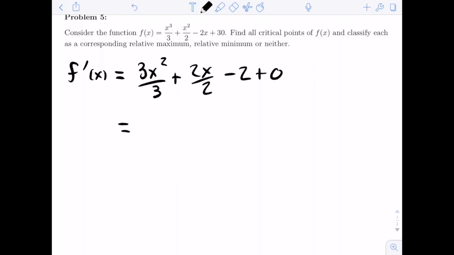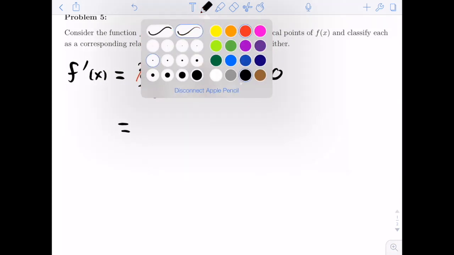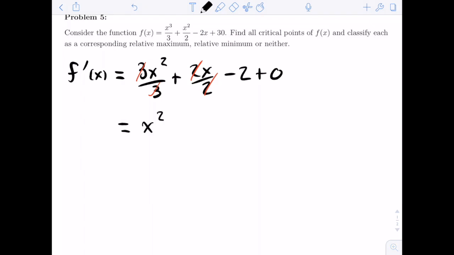Then we've got a little bit of cancellation going on. So the 3 cancels with the 3, the 2 with the 2, and then we can simplify this to be x squared plus x minus 2, which very nicely factors to x plus 2 times x minus 1.